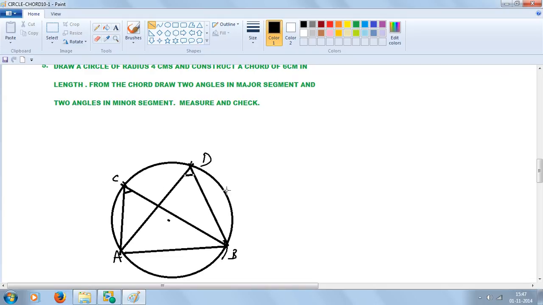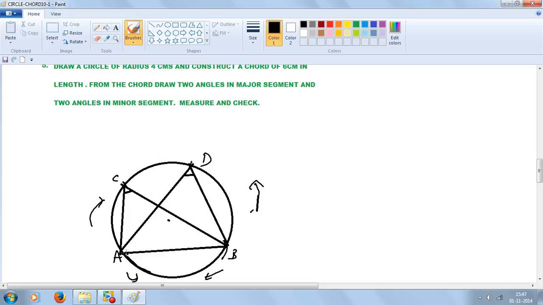This is the major segment. Oh, okay, sorry. So this is the major segment. This is the minor segment. We'll take 2 points and draw another two lines. No, like this.